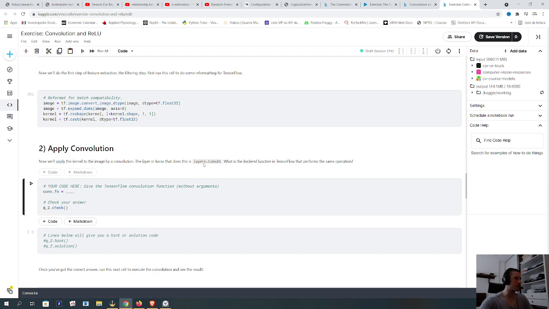So we just use this convnet. I don't think it is a list. It's just parentheses. What is the backend function in TensorFlow that performs the same operation?